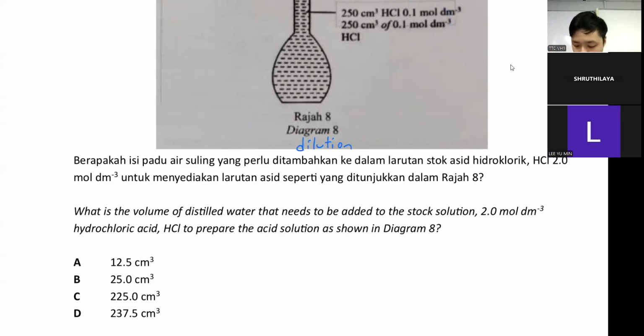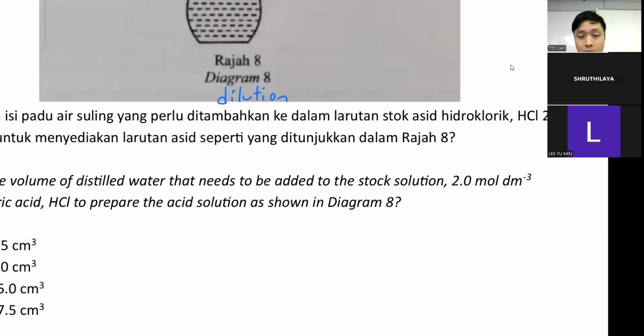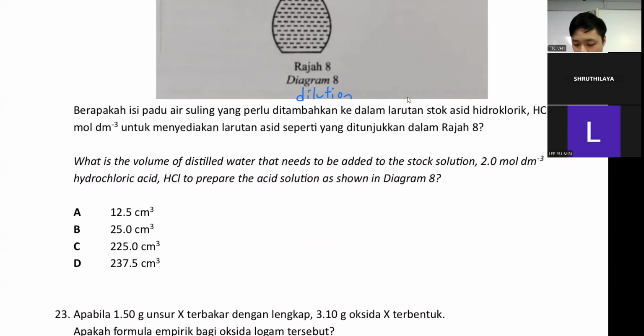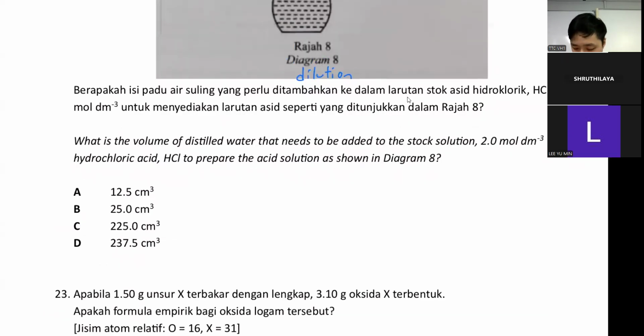In Malay, it's called, I suddenly forgot, but it's okay. Later I'll tell you that. So dilution, what happens is, the formula is called M1V1 equals M2V2.